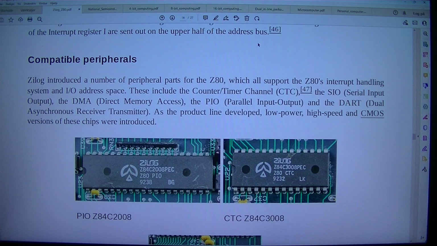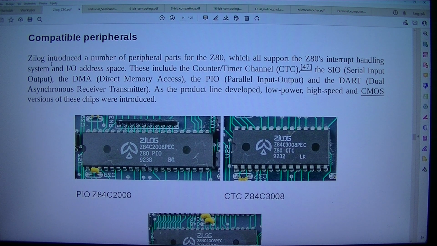Compatible peripherals. Zilog introduced a number of peripheral parts for the Z80, which all support the Z80's interrupt handling system and I/O address space. These include the counter/timer channel, CTC, the SIO, serial input-output, the DMA, direct memory access, the PIO, parallel input-output, and the DART, dual asynchronous receiver transmitter.